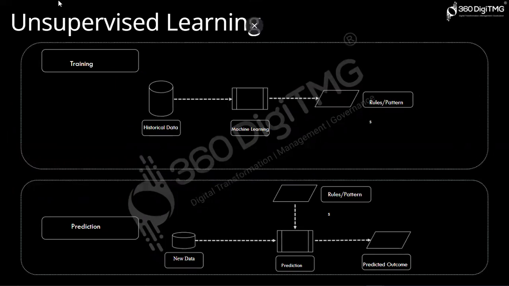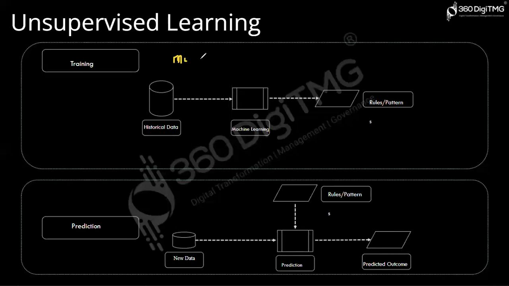To understand the machine learning process better, there are two types of learning that we have when it comes to model building. Basically, model building is nothing but data mining.